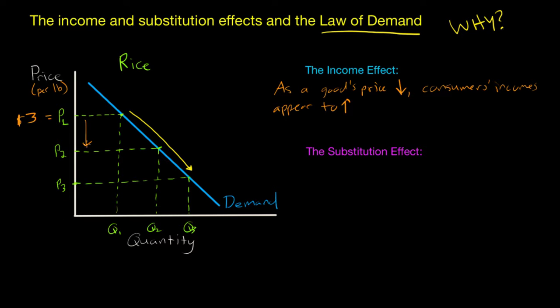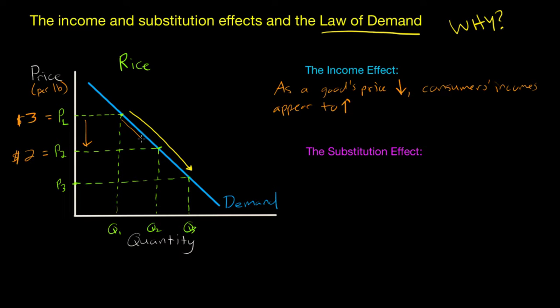But if the price of rice falls to $2, what has happened to your income? Well, in nominal terms, in terms of the actual income that you have, it hasn't changed at all. You still have an income of $10, but you now have $8 left over after you've purchased your daily pound of rice. Now that you have more disposable income, you might be inclined to buy more rice.